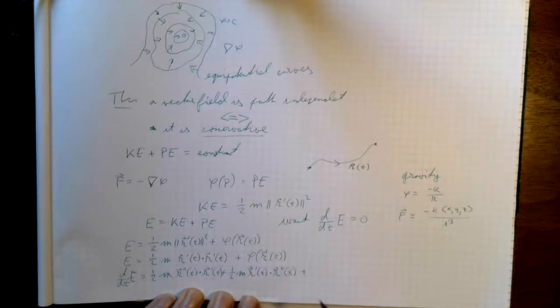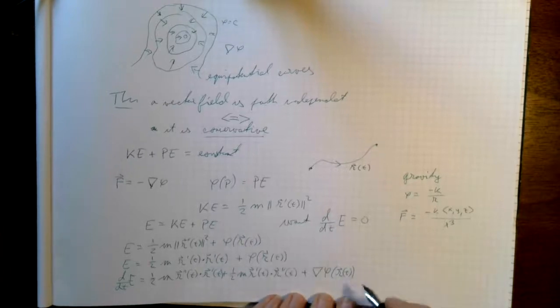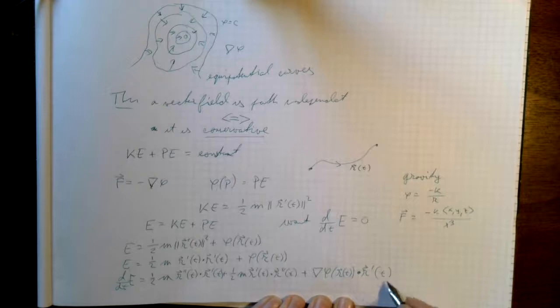And now we come to the potential, and when we differentiate, there's the chain rule: it's the gradient of phi at r of t, dot r prime at t.